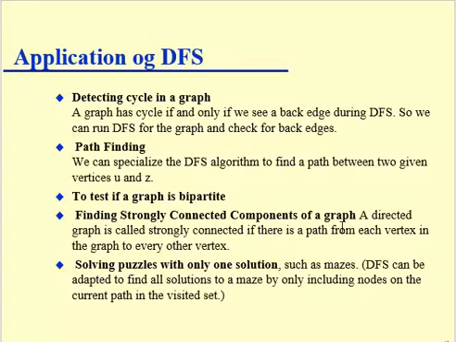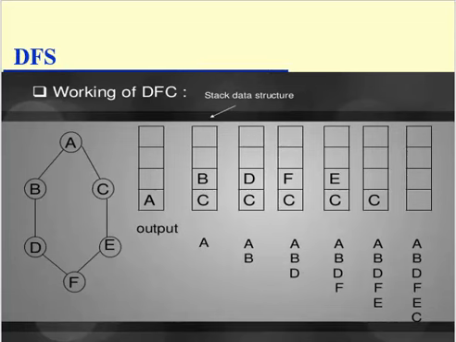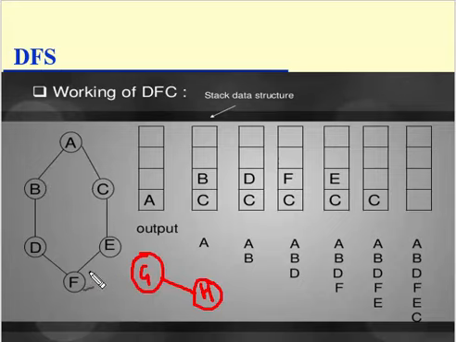Finding strongly connected components of a graph, again the same thing. Suppose here, like I had taken two more nodes, G and H. What are the connected components? This I had told you. Connected components means you assume that this is your one graph. So if you are starting from A, you are able to reach all other elements. So this is your one connected component.